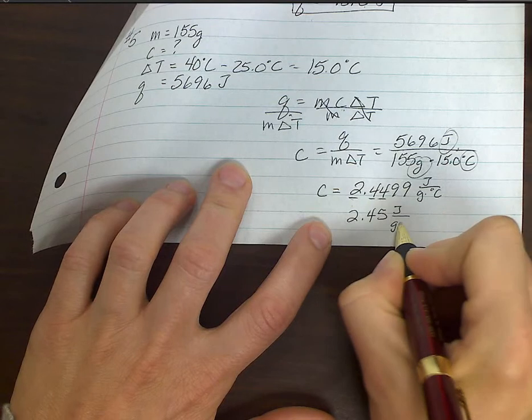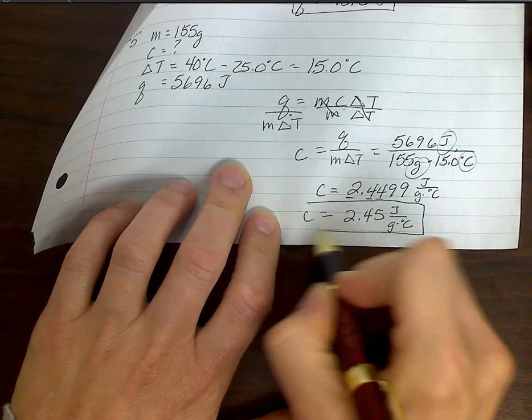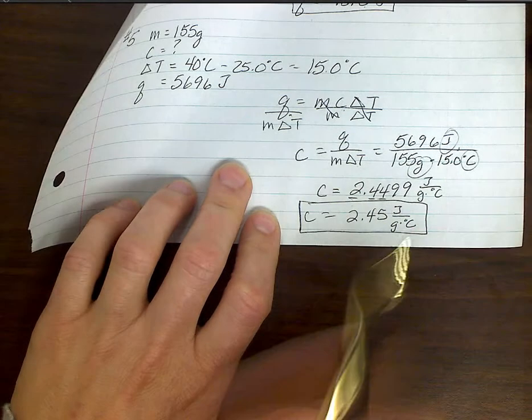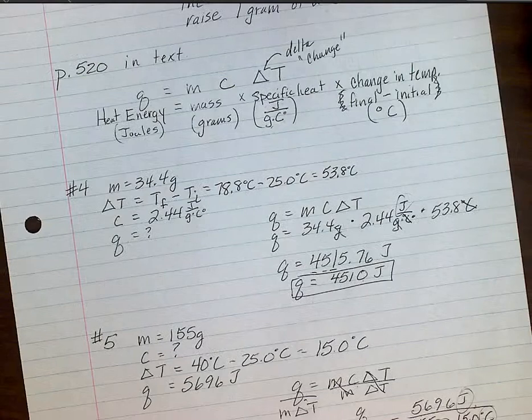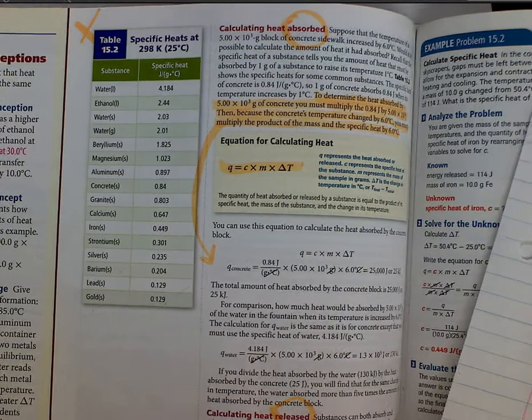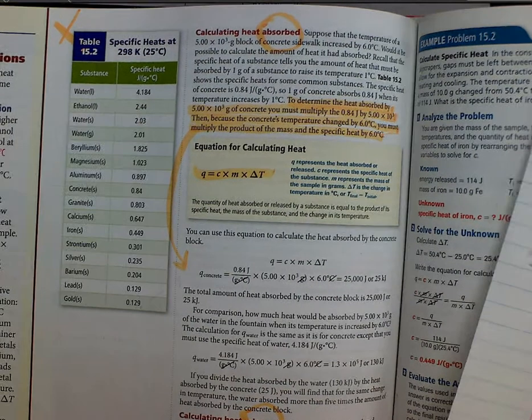And when I look, it says identify this substance. When I go back over and look at the table, it looks like the closest is ethanol. So I've probably just combusted ethanol. So we'll write that down. This is ethanol.